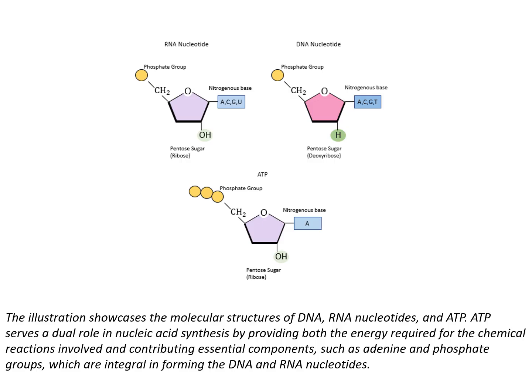It provides the energy needed to drive the chemical reactions that build DNA and RNA, and it also contributes essential components. Its adenine base and phosphate groups are incorporated into the structure of nucleotides, the building blocks of DNA and RNA. So, ATP isn't just the cell's energy currency, it's also part of the blueprint itself.